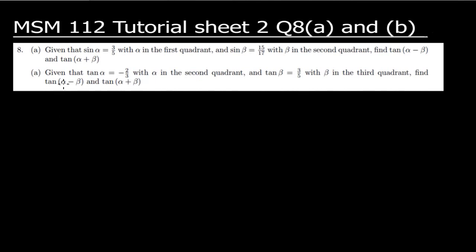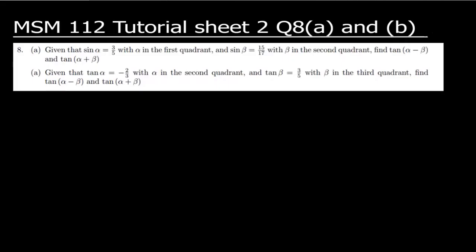First of all, we need to find a means by which we're going to get tan from sine alpha. When you look at these identities, you discover that there is nothing like sine theta in these formulas.